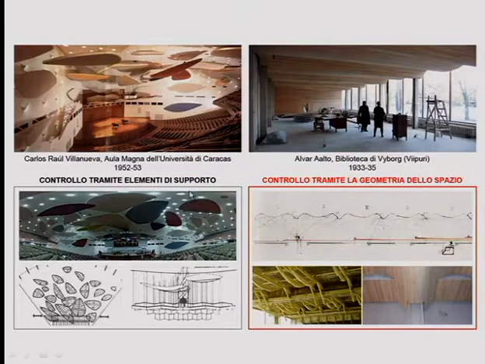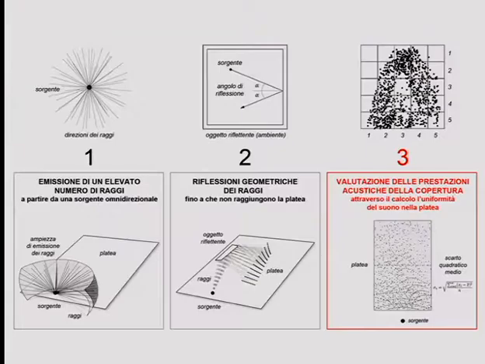So this is the hall of the University of Caracas by Carlos Raúl Villanueva, 1952, and Alvar Aalto on the right. So the geometry of the ceiling is directly the way to manage acoustics.